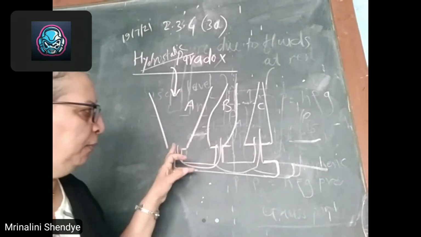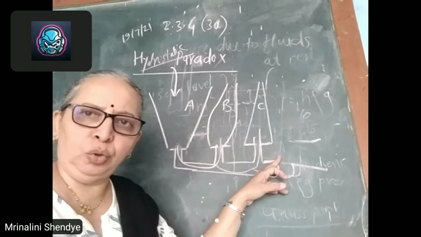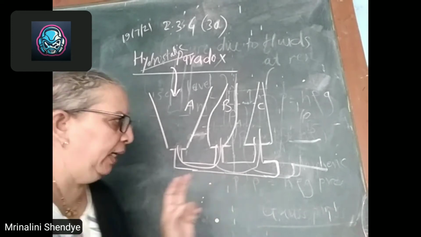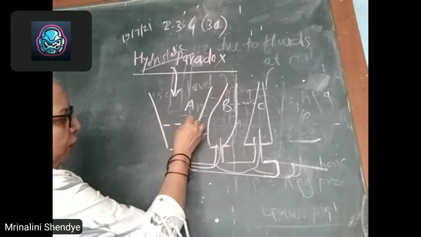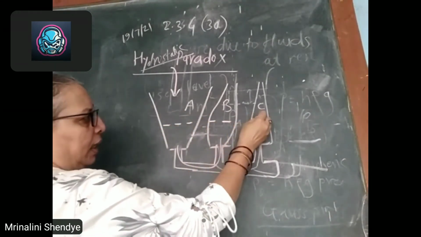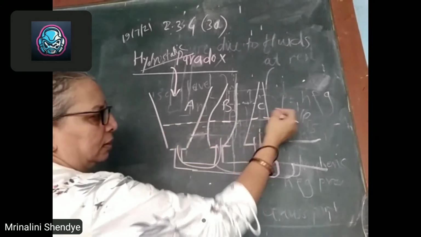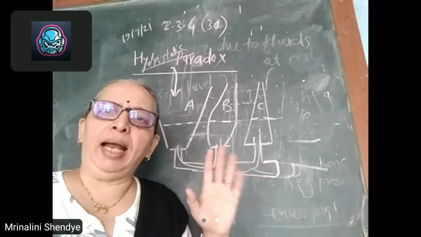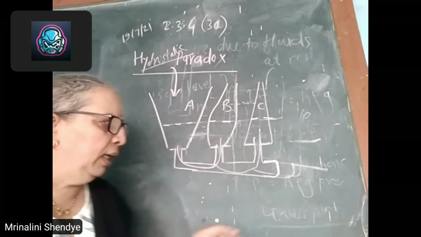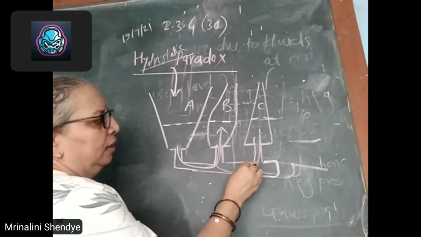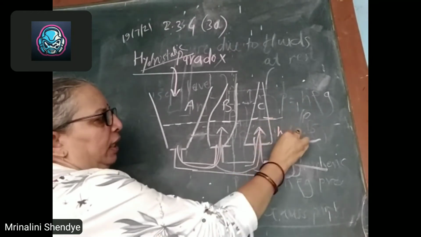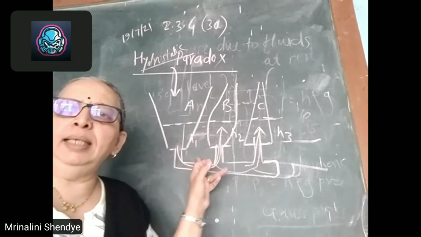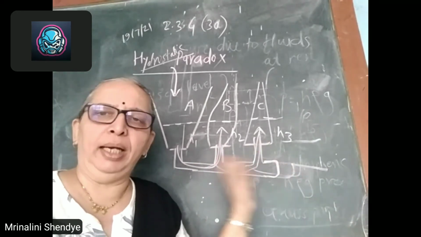Then it moves in B and C also, but at equilibrium, when the work is complete, the levels of liquid in different containers remain same. The liquid column in each container is H3, this is H2 and this is H1. But H1 is equal to H2 is equal to H3.